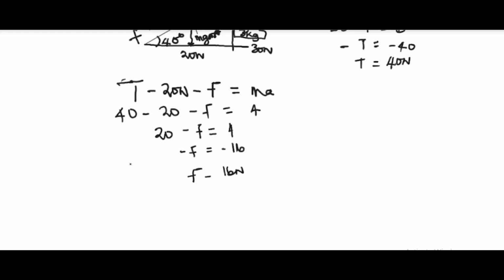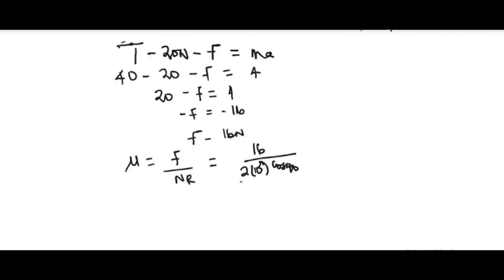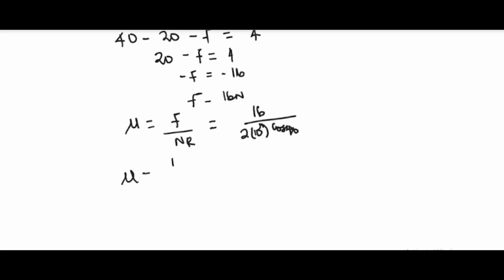Okay, so to find the coefficient of friction, we have mu equal to the force of friction over normal reaction, which is 16 over mass times gravitational force 10 times cos 40. So we have mu equal to 16 over 20 times cos 40. Cos 40 will give us 0.7660.